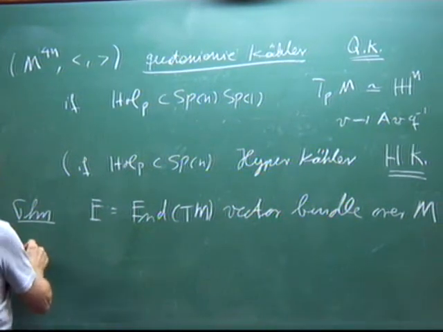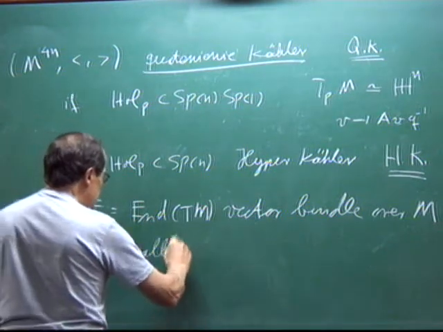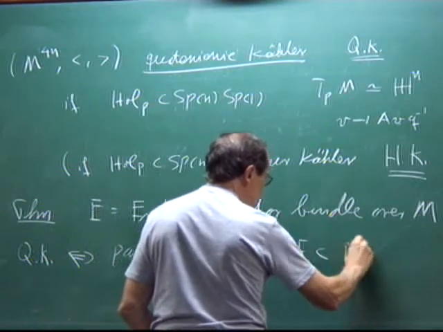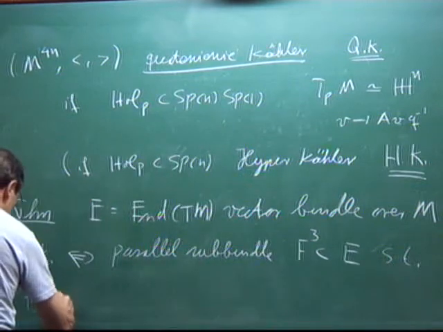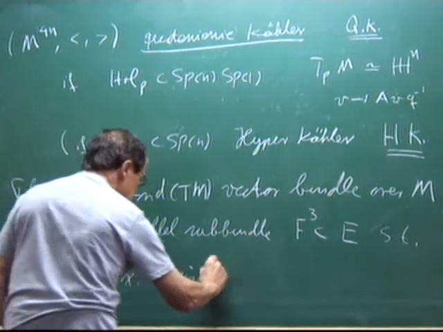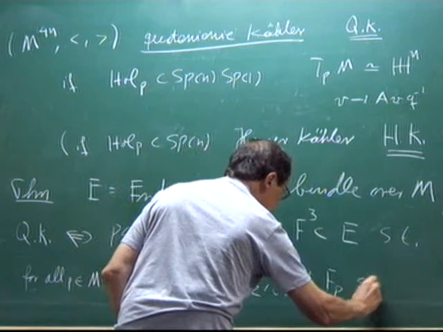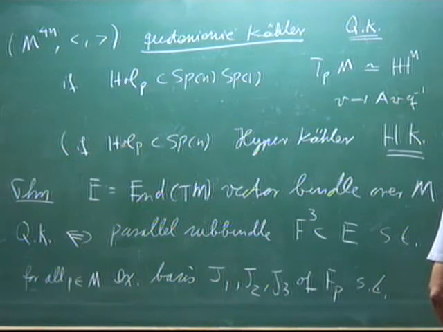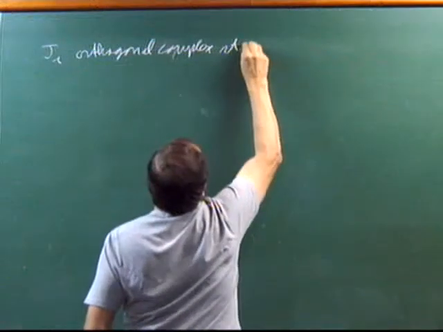And then we say quaternionic Kähler is equivalent to saying that we have a parallel subbundle F contained in E, which should be three-dimensional, such that for all P in M there exists a basis J1, J2, J3 of F at the point P, such that the Ji's are orthogonal complex structures which intercommute.